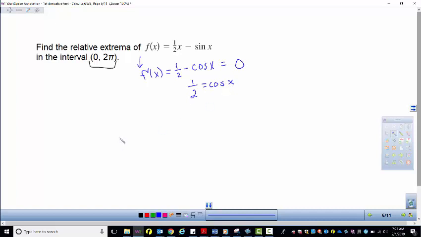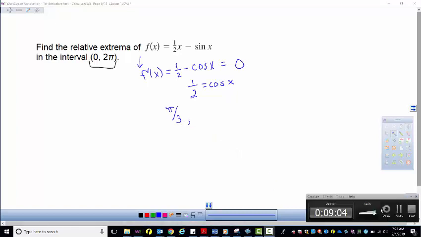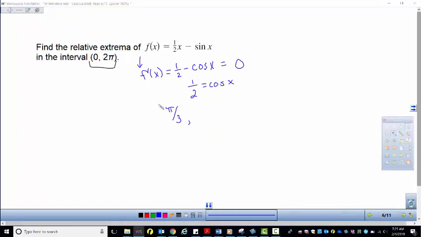Now you have to use your unit circle and figure out where cosine equals 1/2. Cosine equals 1/2 at pi over 3. So it's positive 1/2. Then again, it would equal 1/2 at 5 pi over 3. So these are my two critical points.